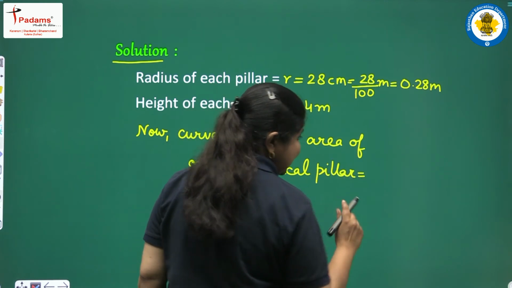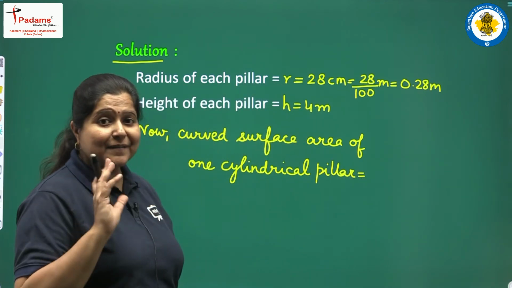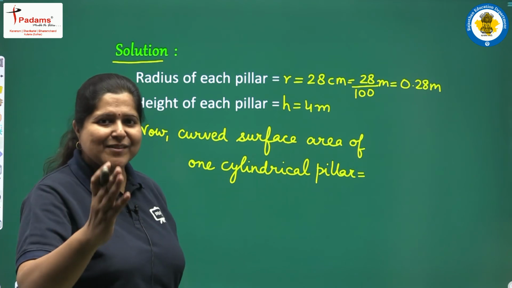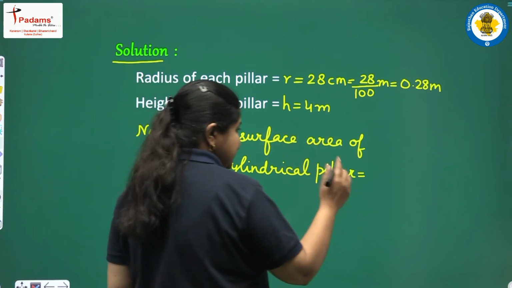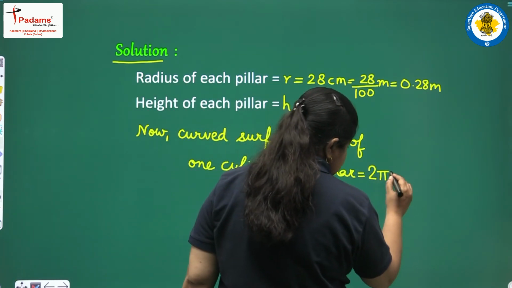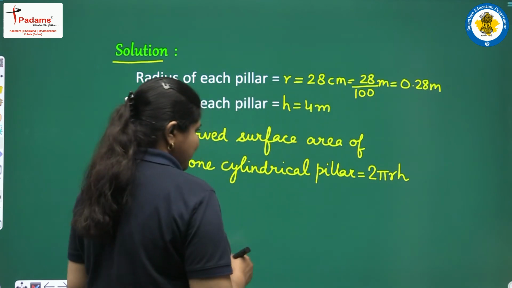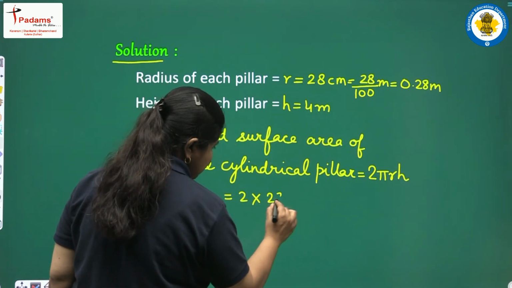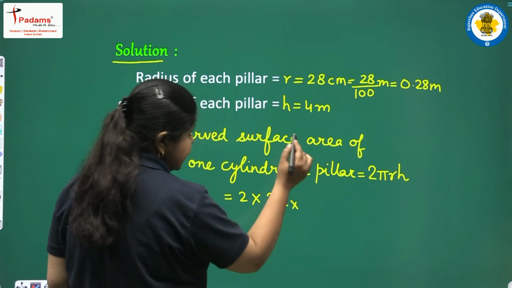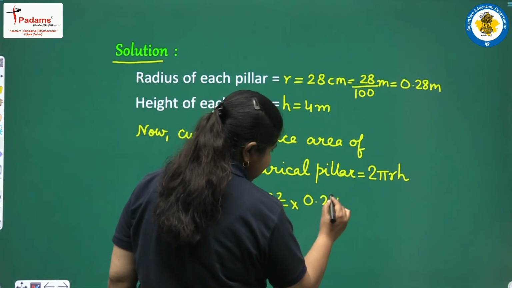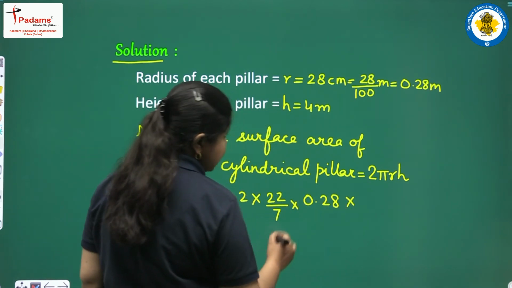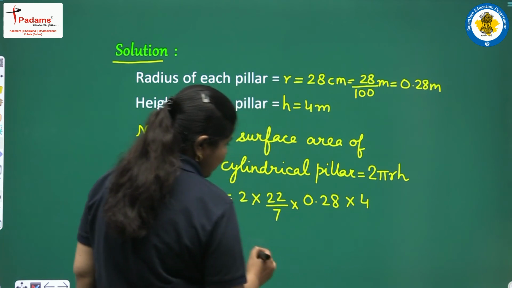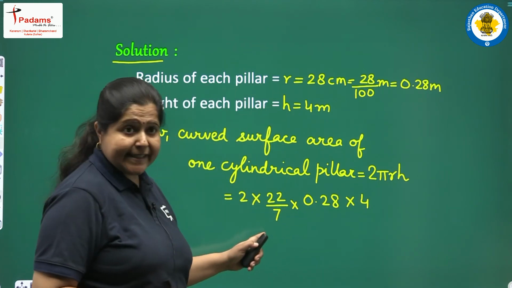This will be given by, yes, what is the formula to find the curved surface area of a cylinder? It is 2 pi RH. Learn these formulae, children. Otherwise, it will be difficult to solve these questions. 2 pi RH. Now, this will be 2 into 22 by 7 into R. It is 0.28 into H. It is 4. Now, we can cancel this 0.28 by 7.